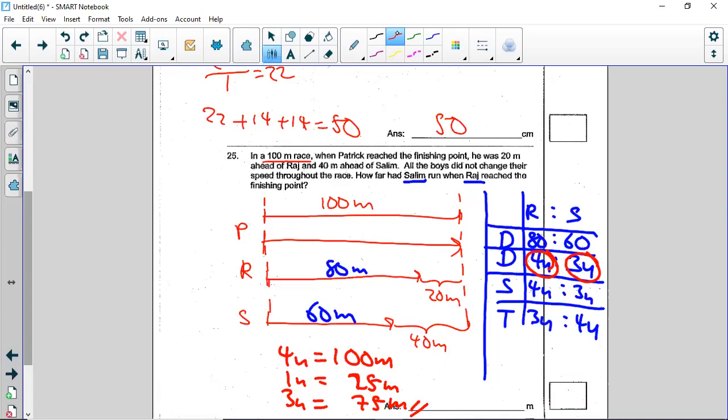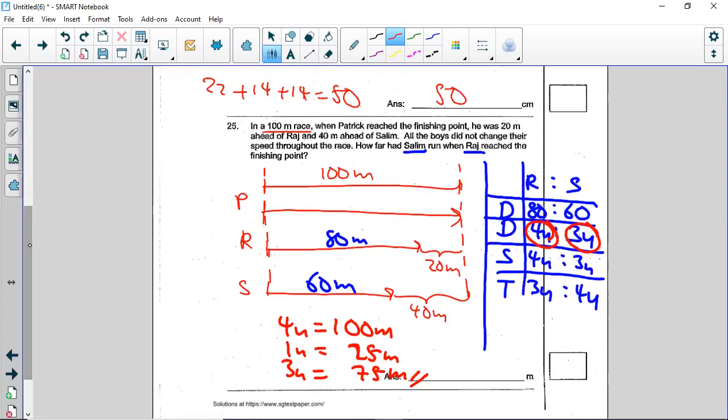Do you understand? Rahim will always travel 4 units, no matter how long the race is. Salim will travel 3 units, no matter how long the race is. All right, clear? So we can use ratio to solve this. If you have any question about this, you can stay behind later to ask. Otherwise let's move on.